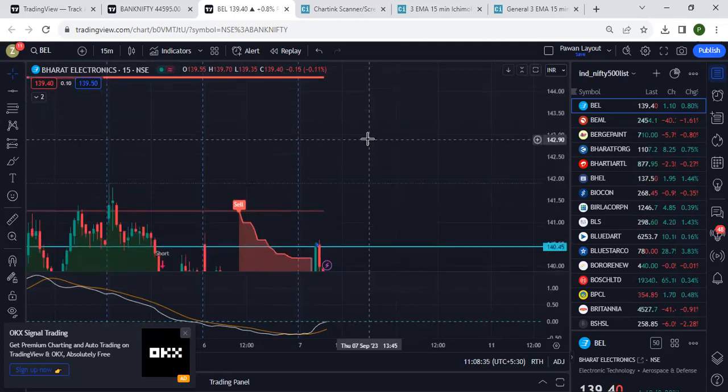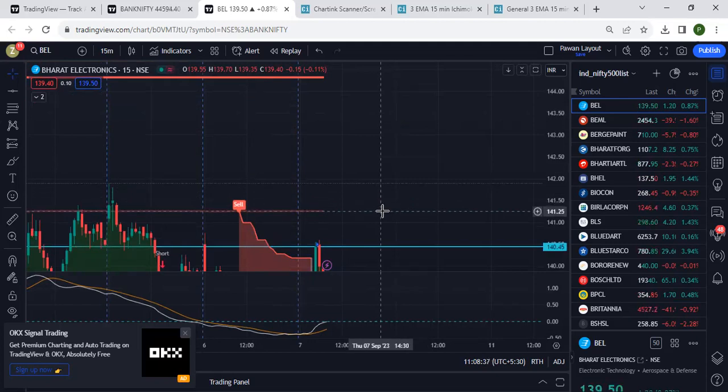All are the weekly targets, but 141.25 will be met when the stock trades above 140 rupees 45 paisa. On that day, the same target will be achieved.